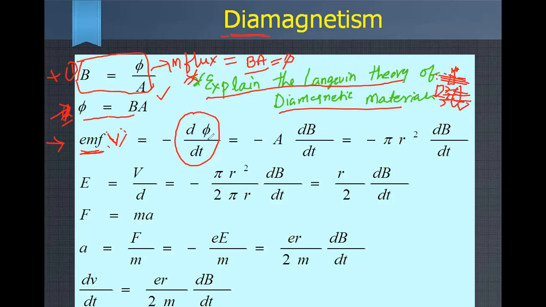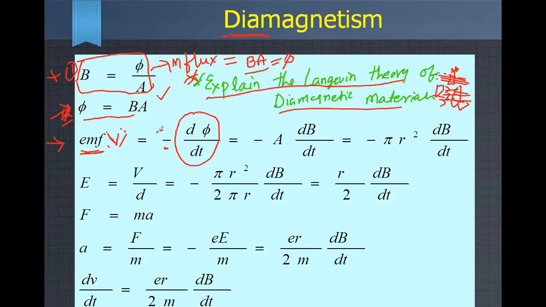So rate of change of flux can give the EMF. The famous equation of Faraday. What was the discovery of Faraday? Faraday discovered that the rate of change of magnetic flux is always equal to EMF. That is Faraday's law.